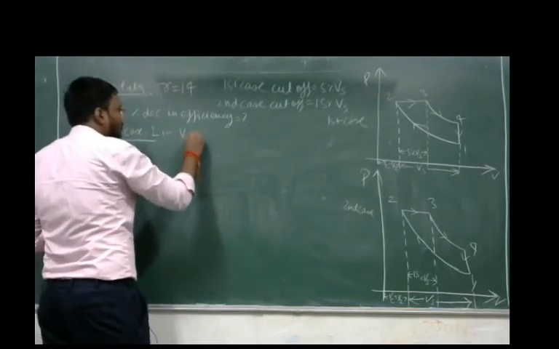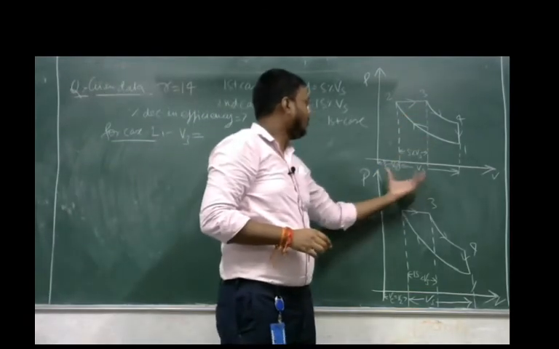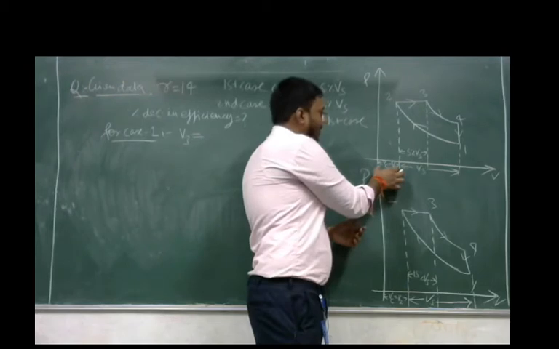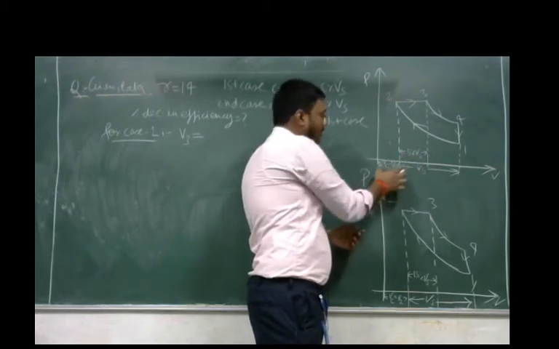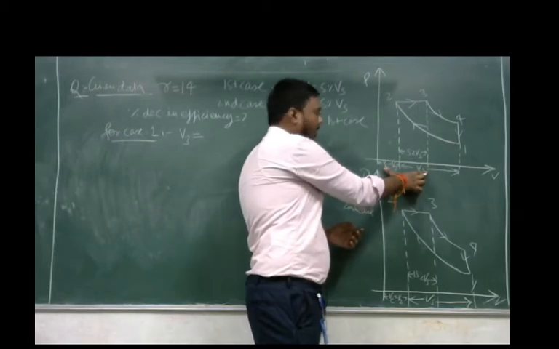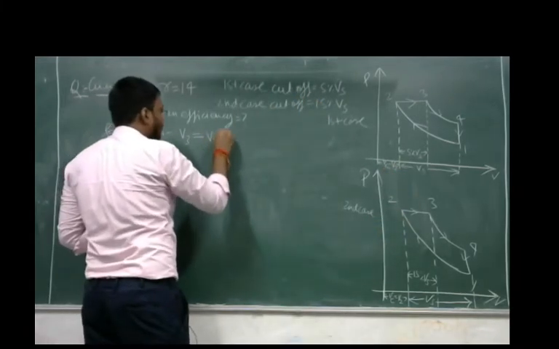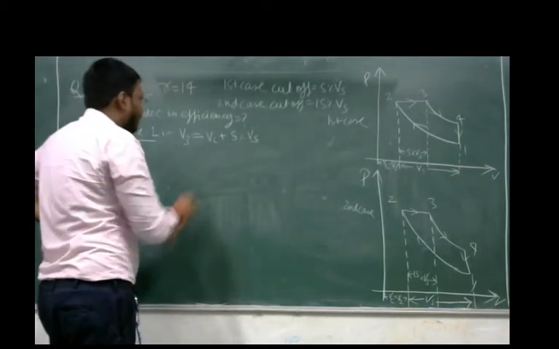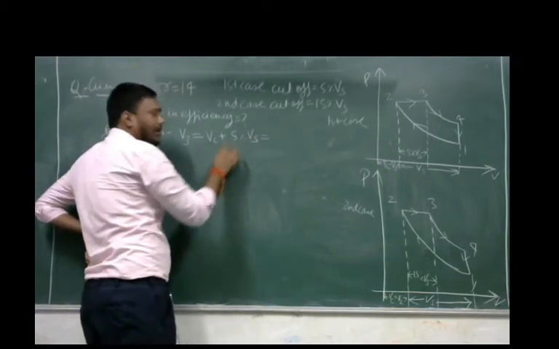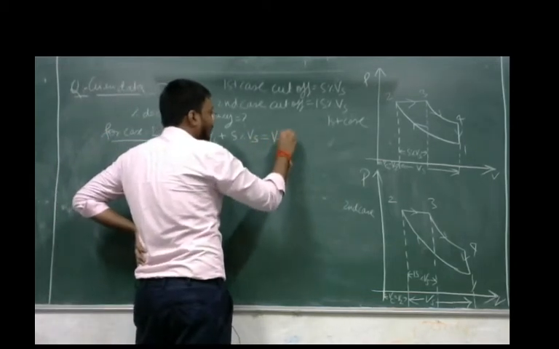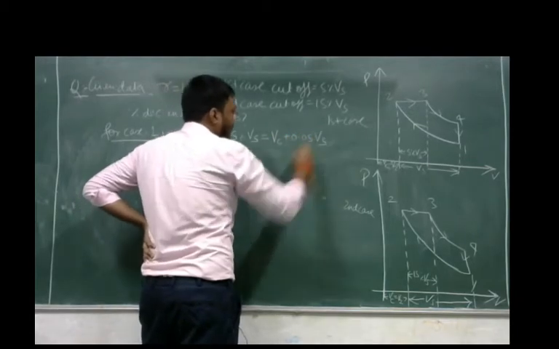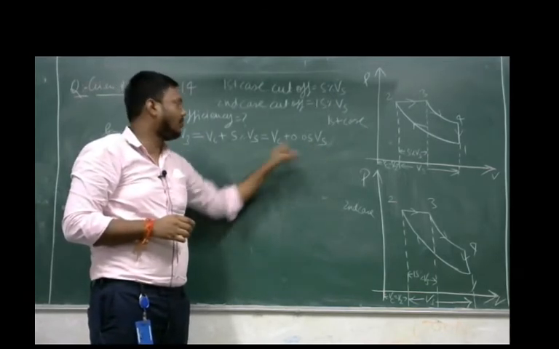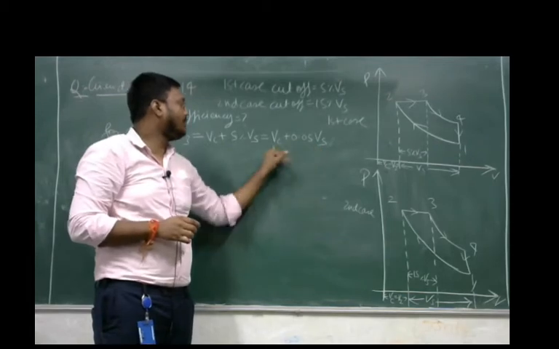So what will be the value of V3? V3 is the total volume, and V3 equals Vc plus 5% of Vs. 5% means 5 by 100, that is 0.05, so it becomes Vc plus 0.05 Vs. Now we have to convert this Vs into Vc, then only we can add these values.